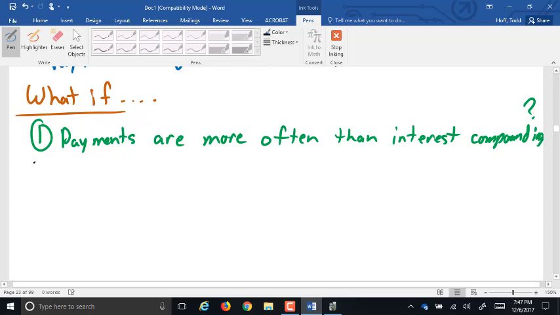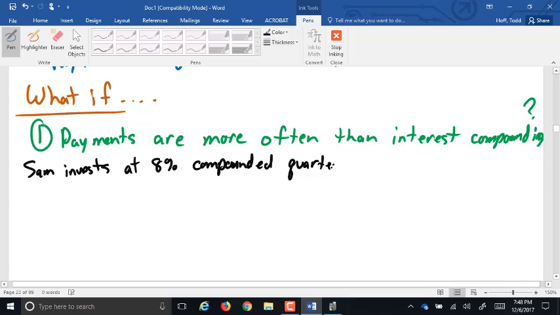For example, let's pick on Sammy again here. Sam invests at, I'm just going to keep the percent simple, at 8% compounded quarterly for 10 years.